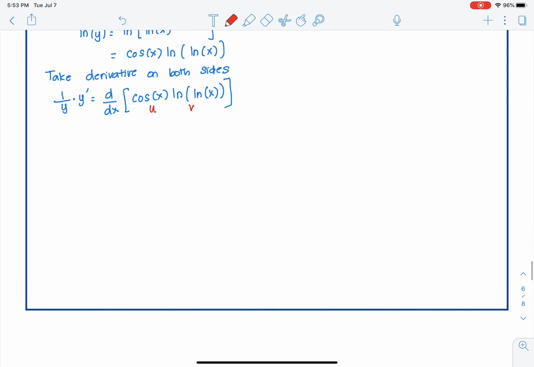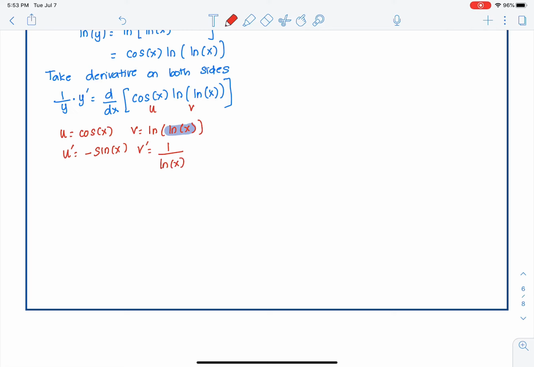So u is cosine of x and v is ln of x. U prime is negative sine x, and for v prime, we have to use the chain rule because ln of x is inside the function ln. So we treat ln of x as x. So the derivative would be 1 over ln of x.